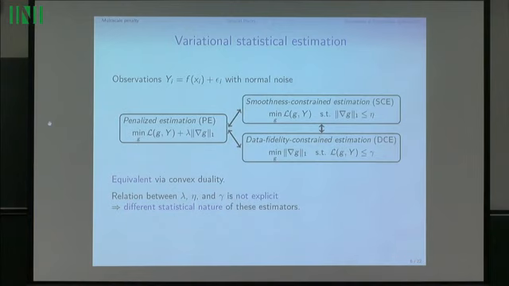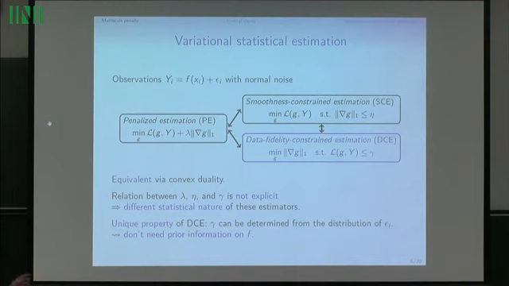The observation now is that this third minimization problem makes sense from the statistical point of view, because under some assumptions on this data fidelity term, if the functional L would be a function of the difference Y minus the candidate G, you could determine this value gamma out of the distribution of the noise only.